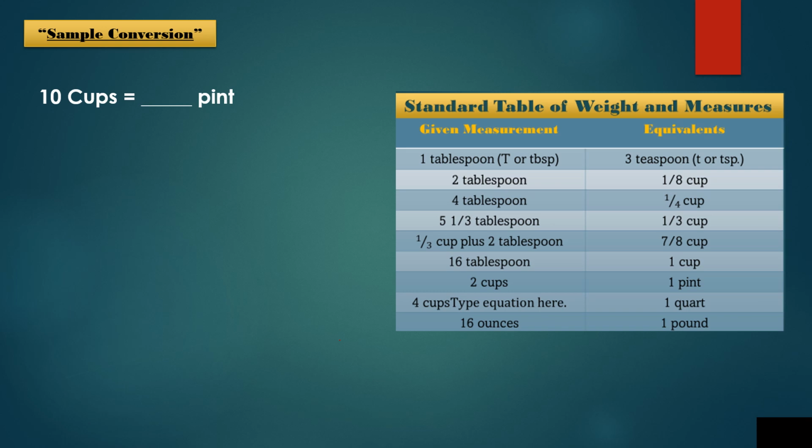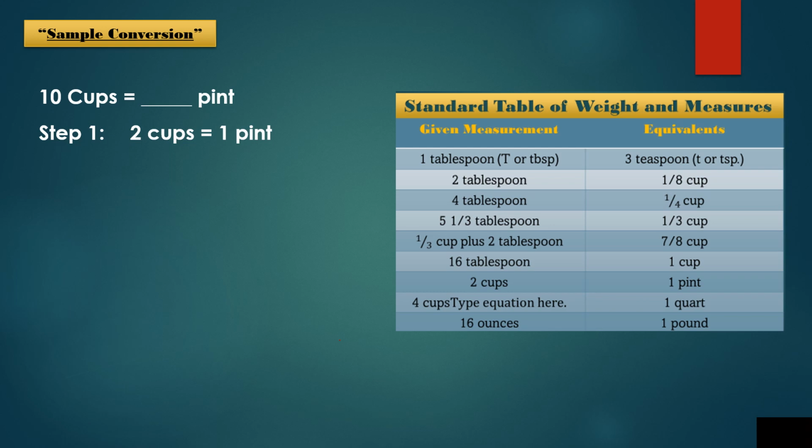So ito yung ating kailangan i-convert. Okay, so remember class, yung step number 1 natin is to identify the value that is needed. Okay, so in this, ang value po na kailangan natin dyan is yung ating step number 1. Okay, step number 1 is 2 cups is equivalent to 1 pint. So, yan yung gagamitin natin dyan.